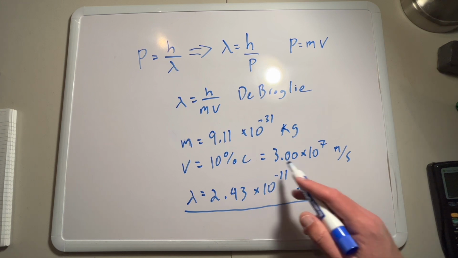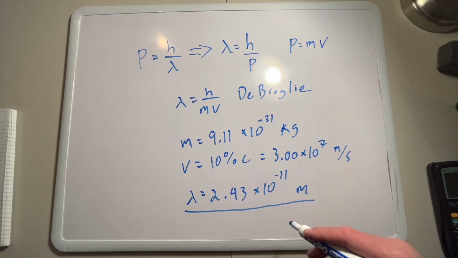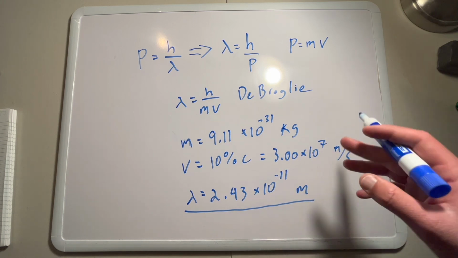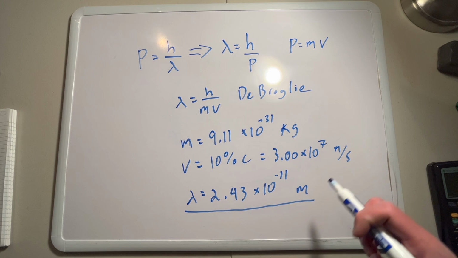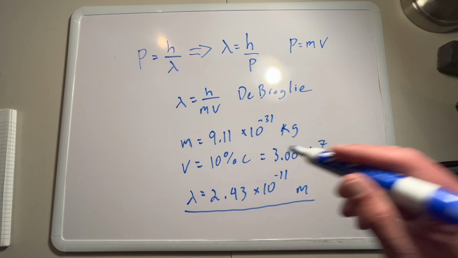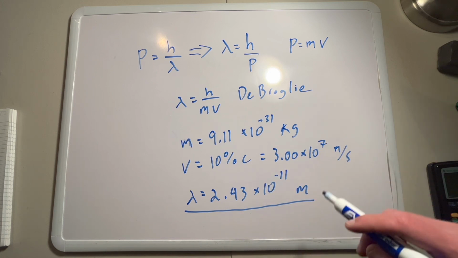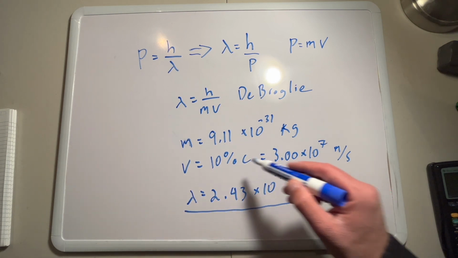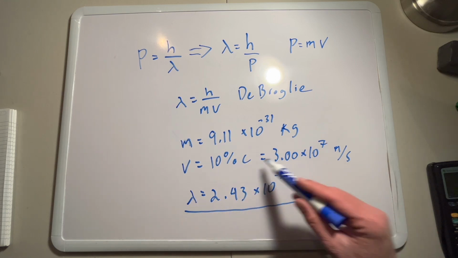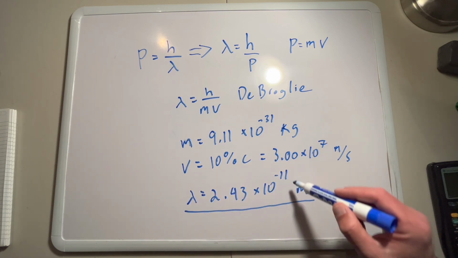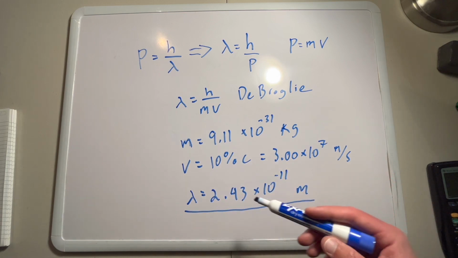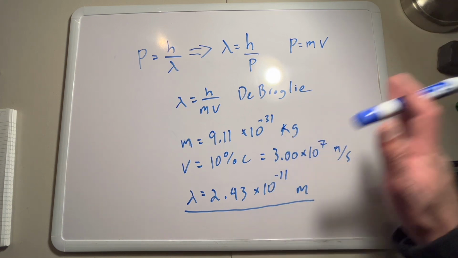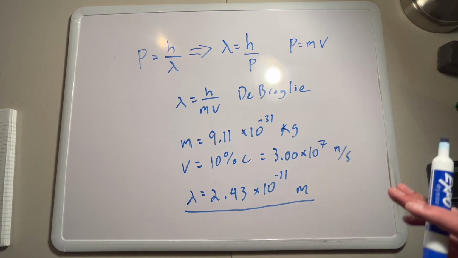This is roughly where we're talking about the scale of quantum and the scale of atoms that we'll be talking about, things like distance between an electron and a proton in an atom. And keep that number in mind, especially for the finale of the series. But that is when this idea of matter waves becomes a little bit more apparent, which will be the topic throughout the rest of the series here.